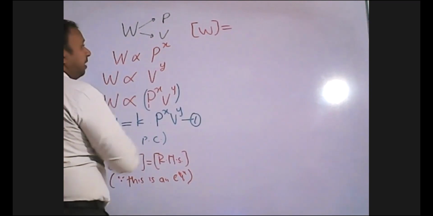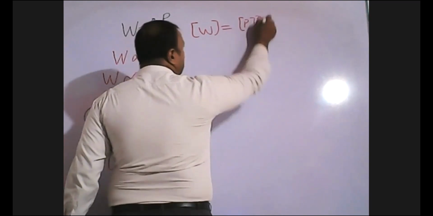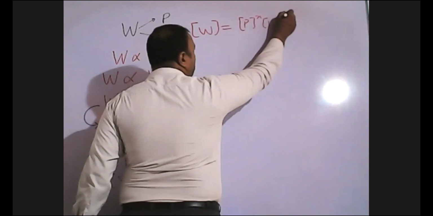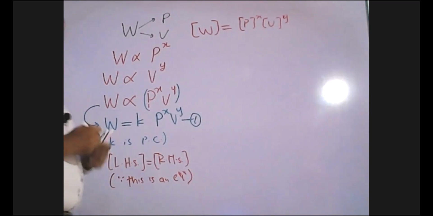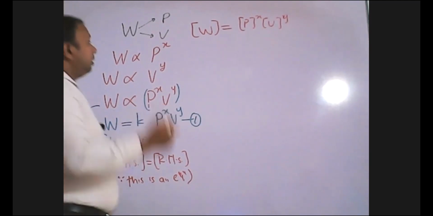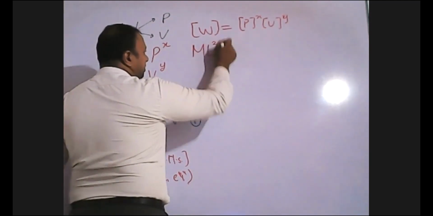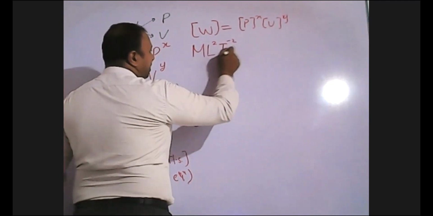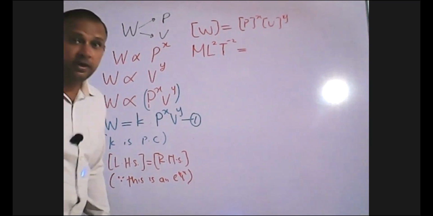So dimension of W should be equal to dimension of P to the power X, dimension of V to the power Y. W means work done. Dimension of work done is equal to M L squared T minus 2.